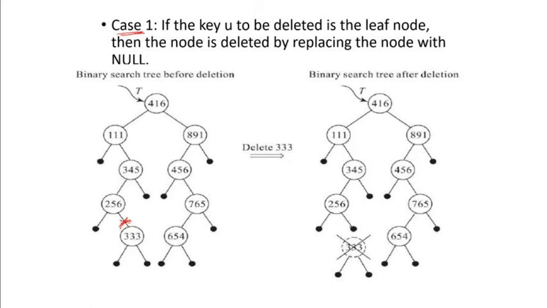The deletion is very simple here. You just have to disconnect this particular node and delete it. That is the only thing which you do in case 1, where you are trying to delete a leaf node.